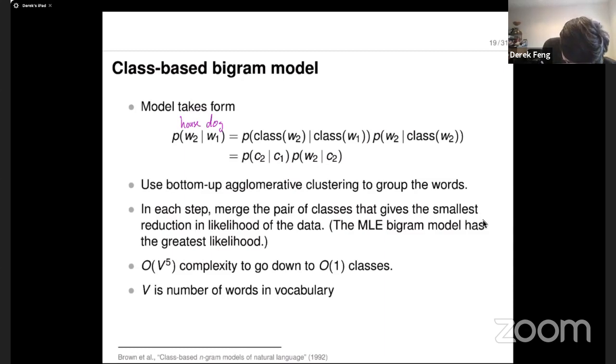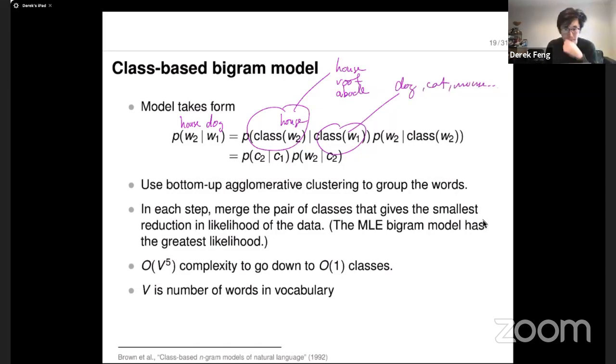Class 2 is house, so the class of house corresponds to a set of words like house, maybe roof, probably abode, and so on. The class of 1 is a group of words similar to dog, like dog, cat, mouse, and so on. So this is relaxing your notion of a match. I'm going to figure out a clustering for the words in such a way that I can take information from other examples of sentences.